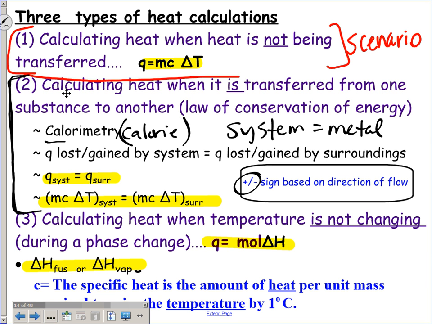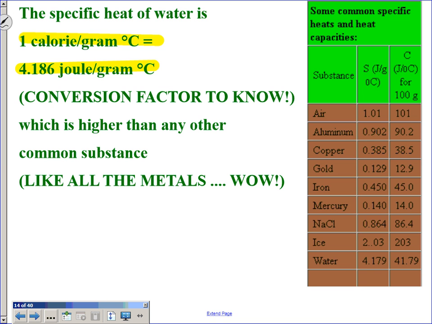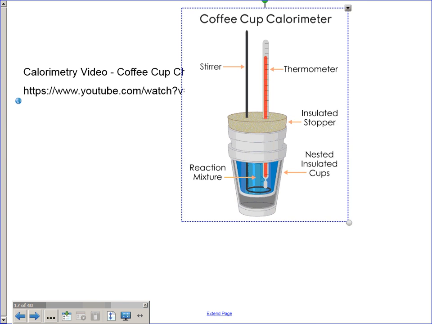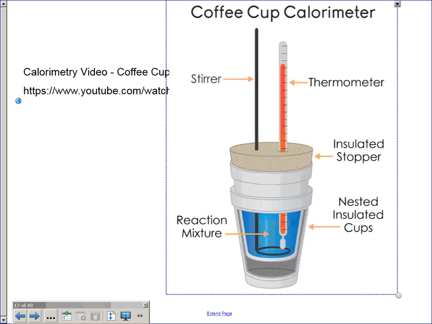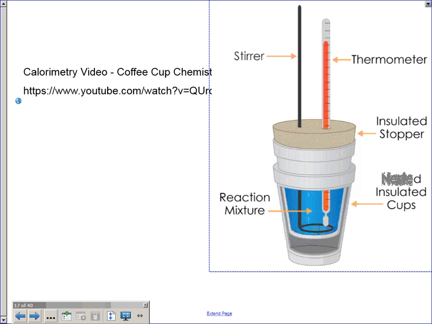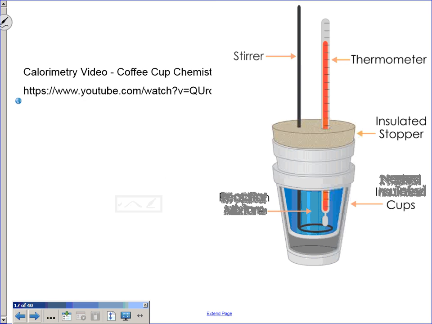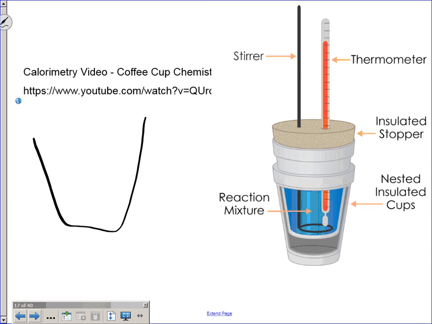So let's do a question related to this, and I'll draw a picture on the next slide as well. So there's my cup. This is my calorimeter. I'll make this a little bigger for you. This is like a super cool drawing of one. Let me show you my artistic abilities. Here's my cup. And sometimes it's double walled, so it's a really great insulator.